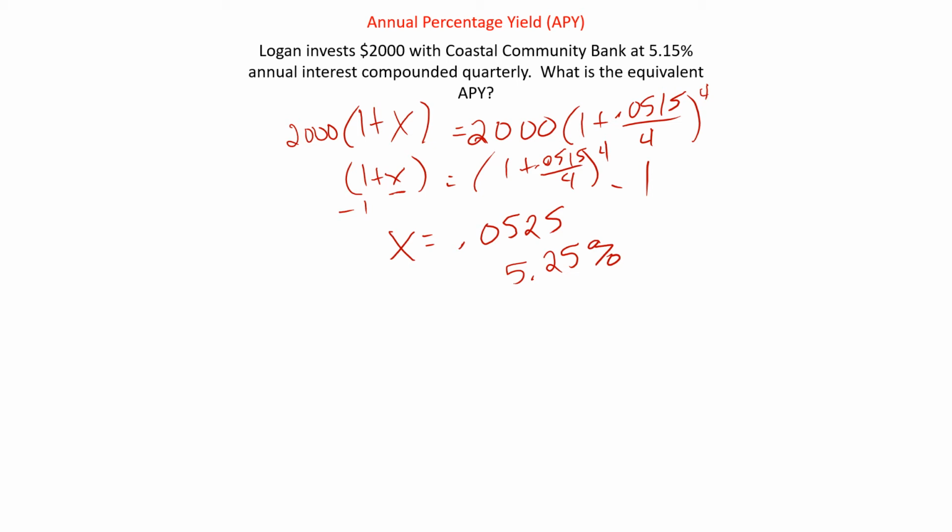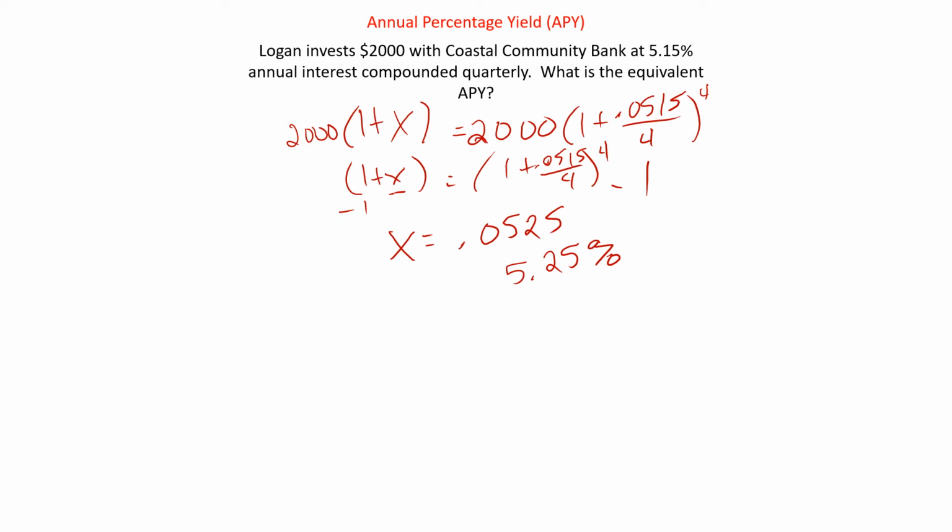And this is useful if, let's say, we had Logan invest his $2,000 at 5.15% compounded quarterly, and Henry invested his $2,000 at a different bank, Chase, for 5.1%, but it's compounded monthly. We could find the APY of both to see which one would actually be a better investment. So it allows us to compare apples to apples.